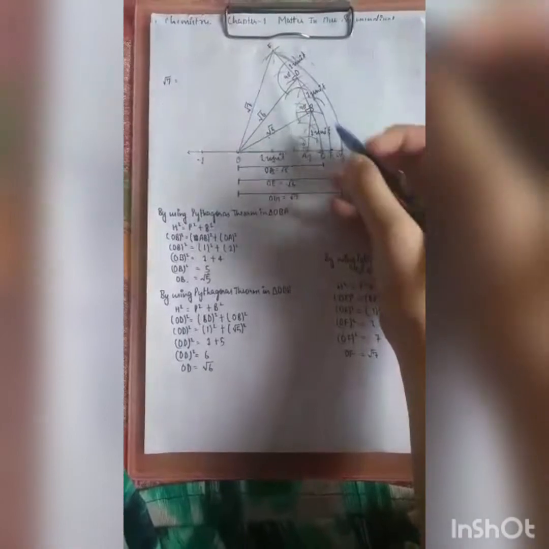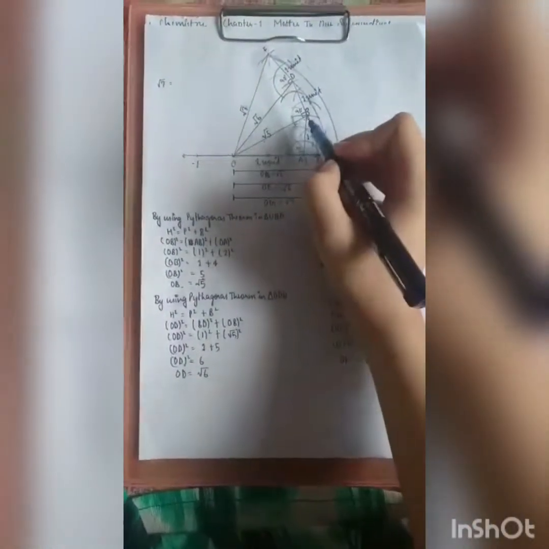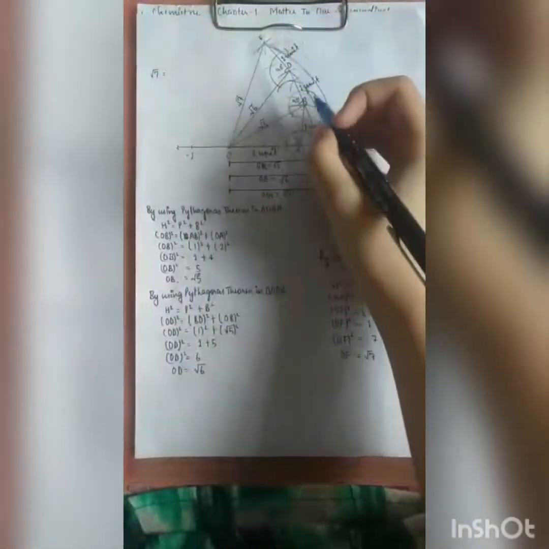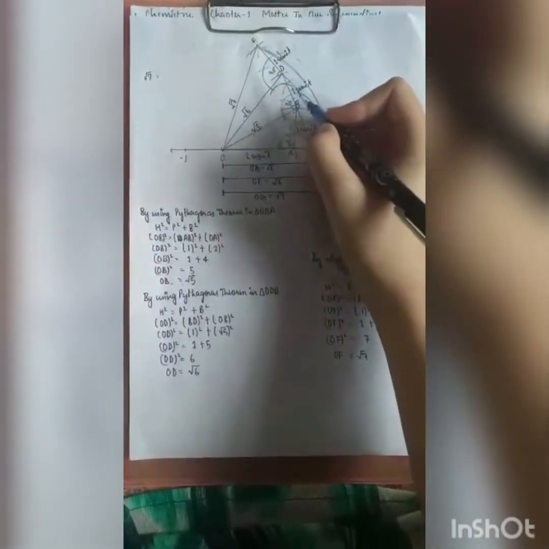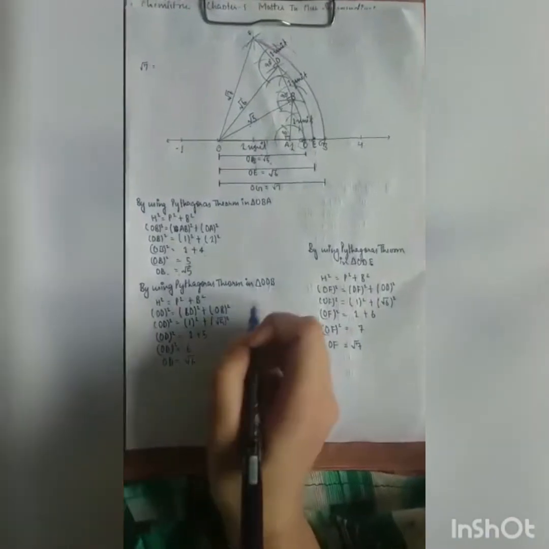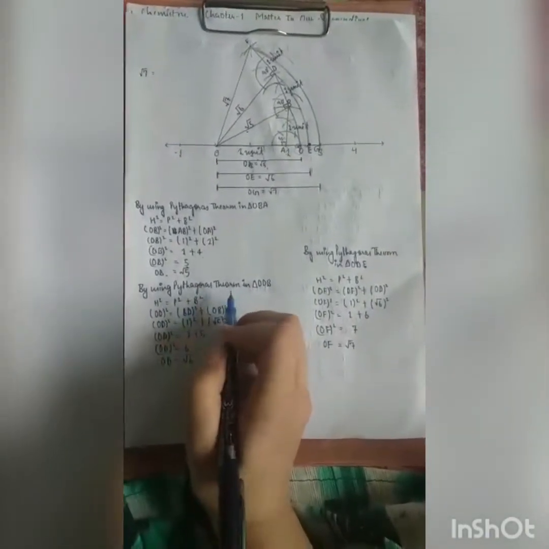Now to represent root 6 on the number line, we already know that OB is root 5. Draw BD perpendicular to OB and take BD as 1 unit. And to find OD we use Pythagoras theorem, that is h square is equal to p square plus b square.